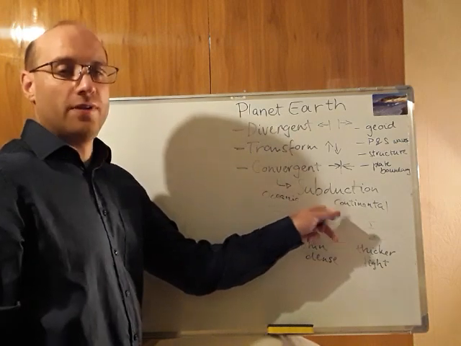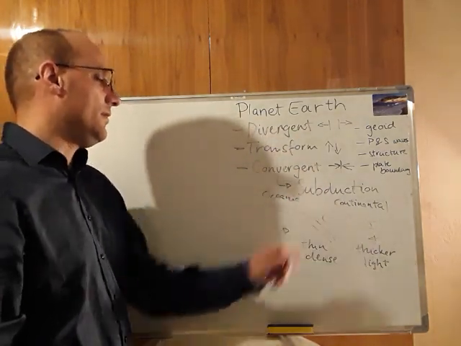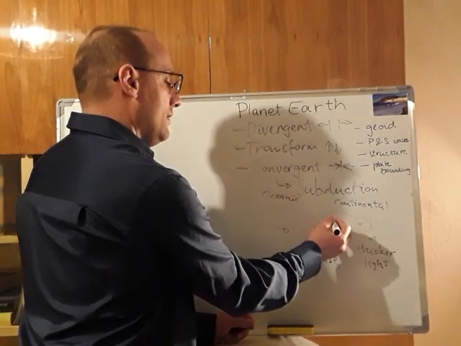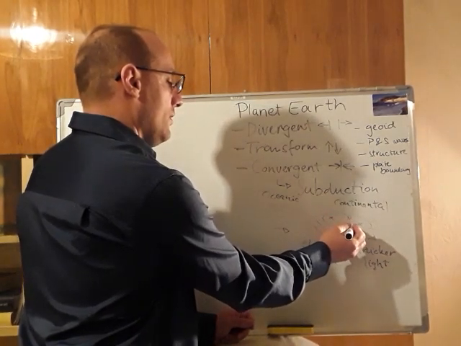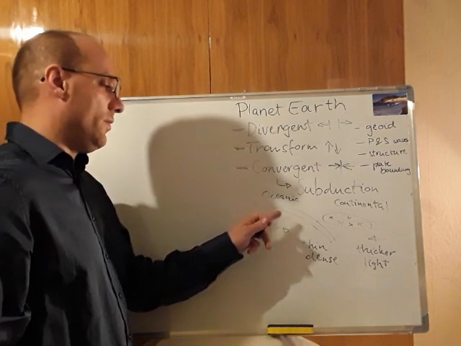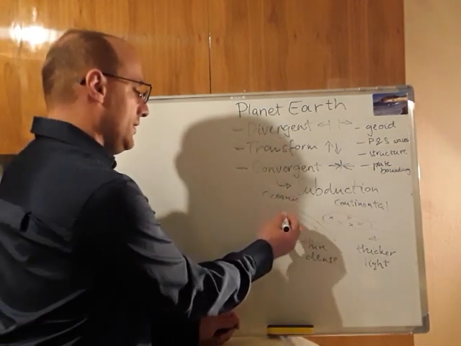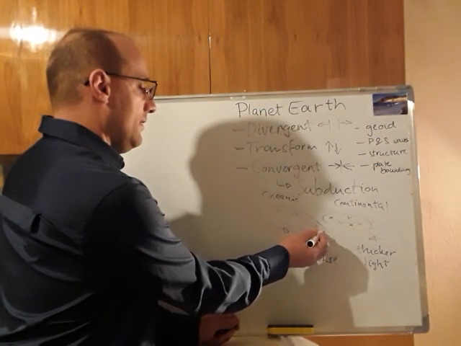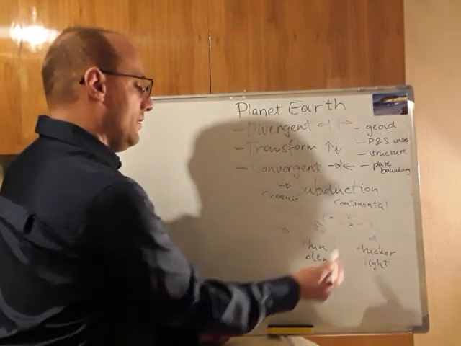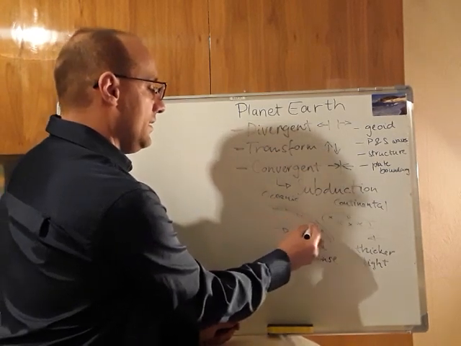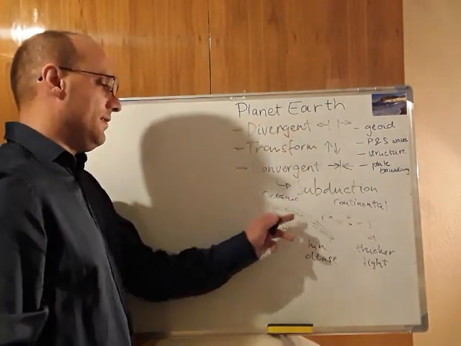The material usually of this continental crust is like granite, which compared to the basalt and gabbro material of the oceanic crust is going to be lighter. So that's really the difference here, the material and the thickness.